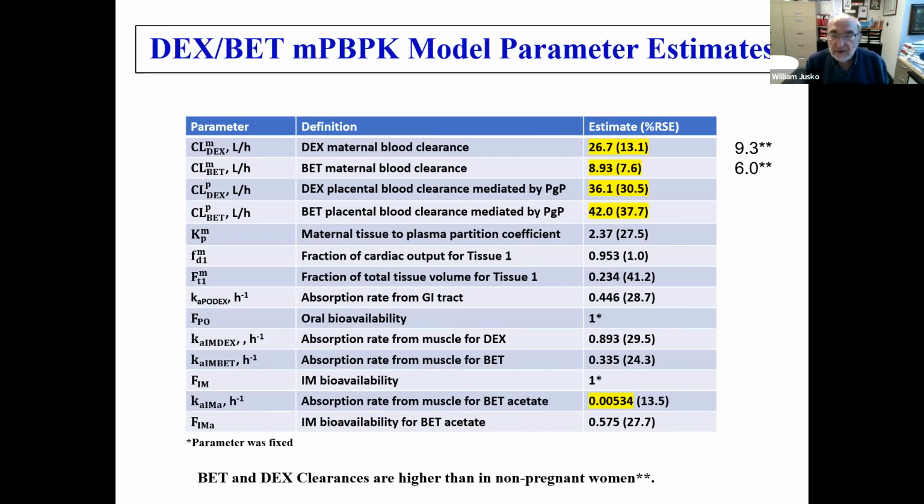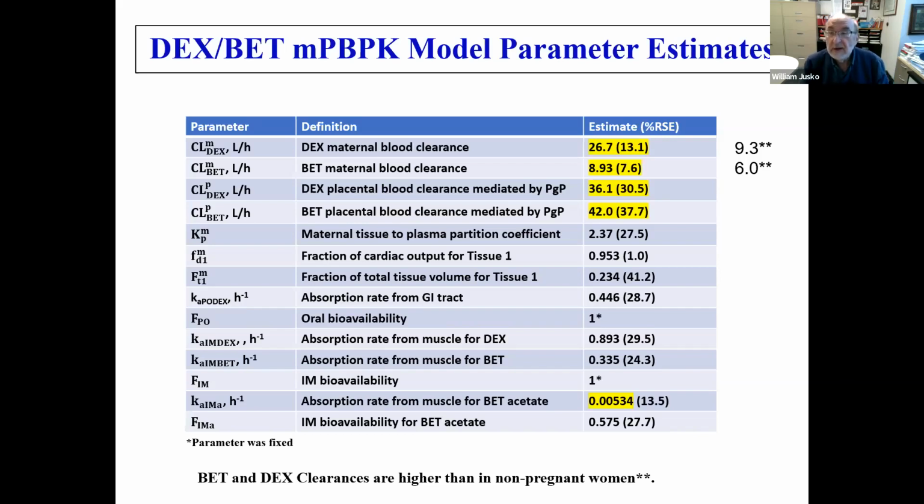So I marked in yellow some of the special features. So at the top, we obtained the clearance of Dex, the clearance of beta from this meta-analysis. The mean value of Dex was 26.7. That was nearly 3 times more than what we found previously in the non-pregnant woman, 9.3. For beta, clearance was 8.93.